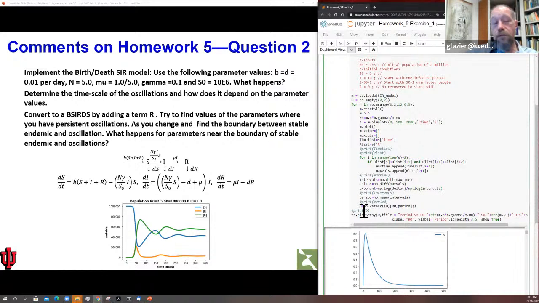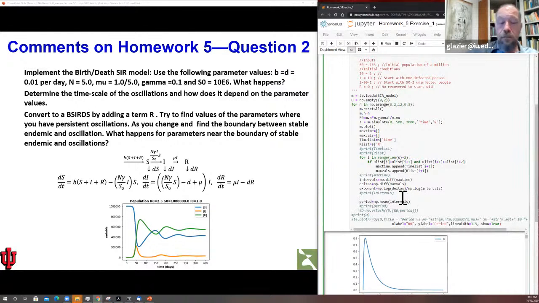And let us get rid of the V stack here. What I'm trying to do is calculate the decay time of this thing. And so then mean exponent equals np dot mean of exponent.